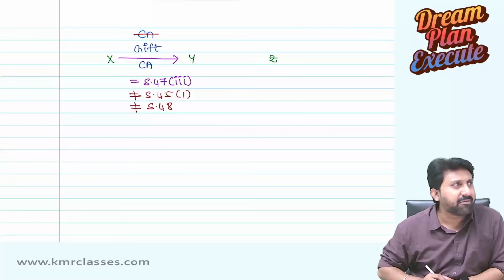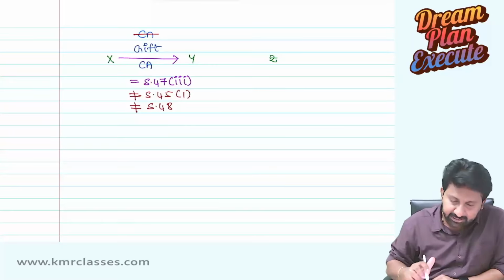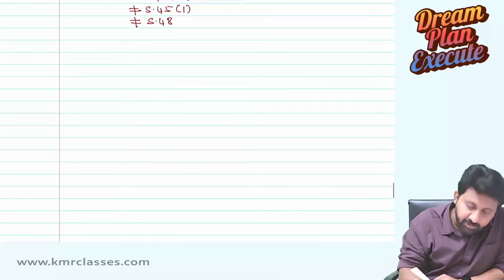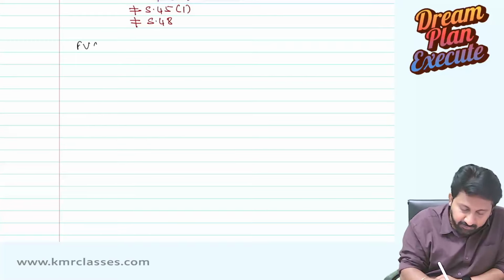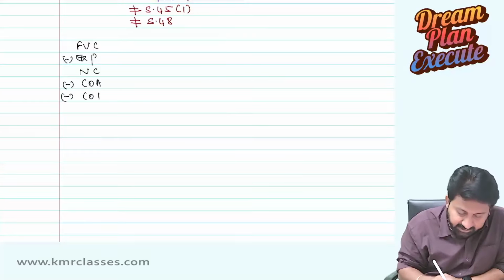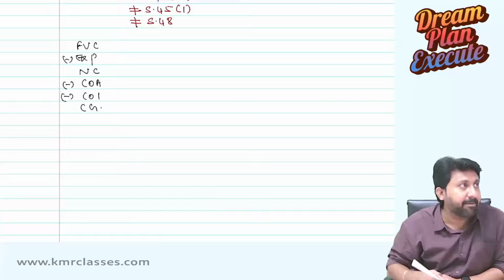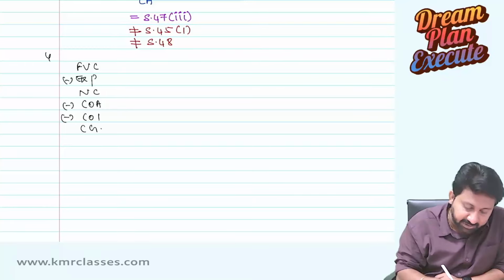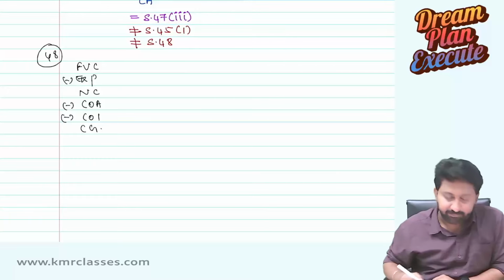Sir, what do you mean by 48 will not get attracted? Listen, 48 is a computation schedule. Computation schedule of what we have seen? Full value consideration minus expenses of transfer, net consideration minus cost of acquisition minus cost of improvement, capital gains. It is the schedule provided in section 48.